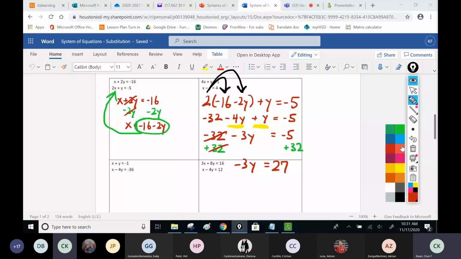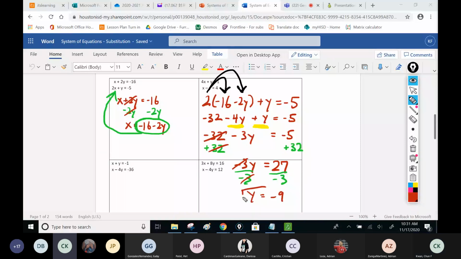And then the last step is divide by negative 3 on both sides. So y equals negative 9.